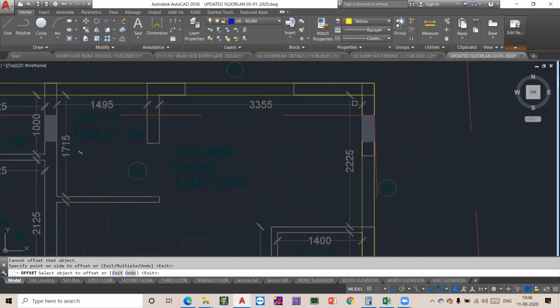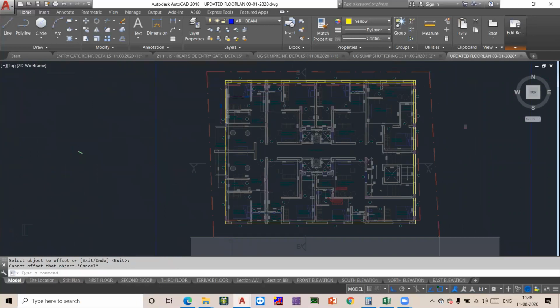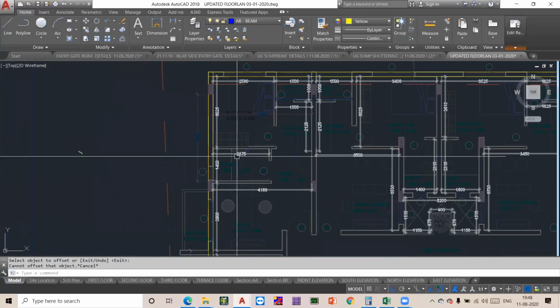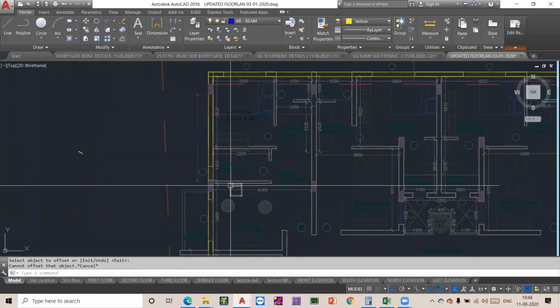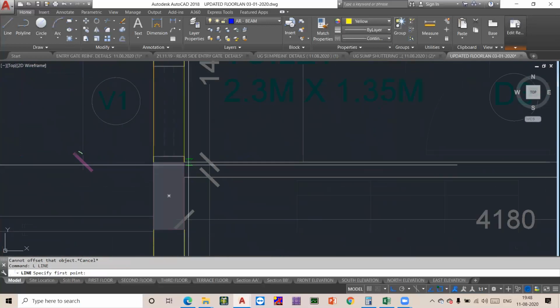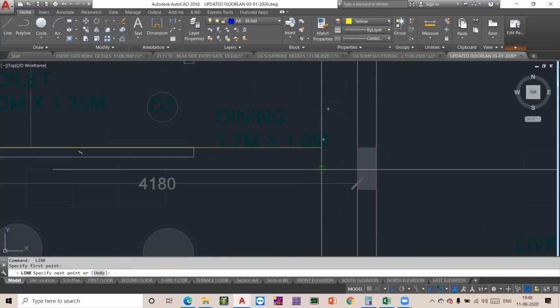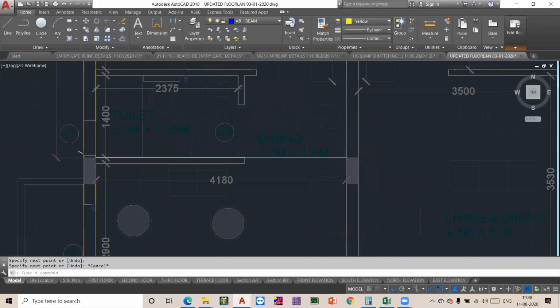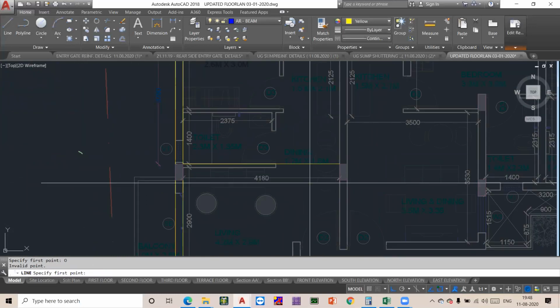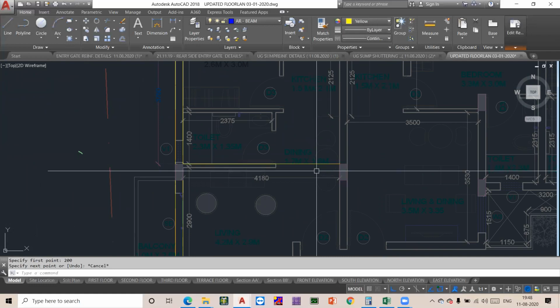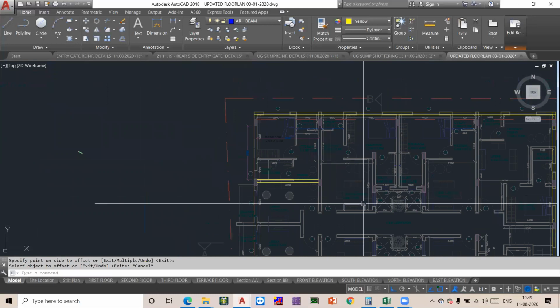And additionally, I will be considering the beams here. Offset to a distance of 200 mm again.